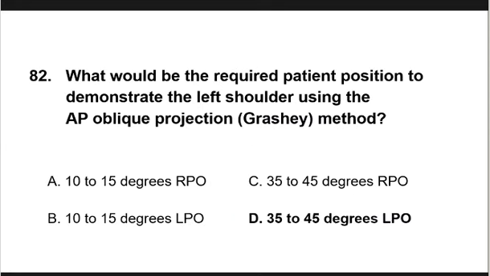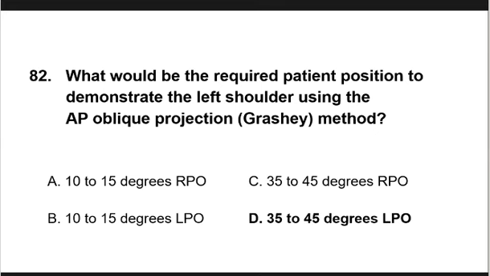Okay, next number: what would be the required patient position to demonstrate the left shoulder using the AP oblique projection or Grashey method? What do we demonstrate in the Grashey method?